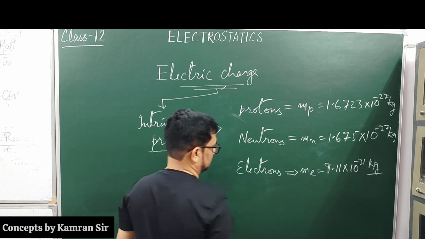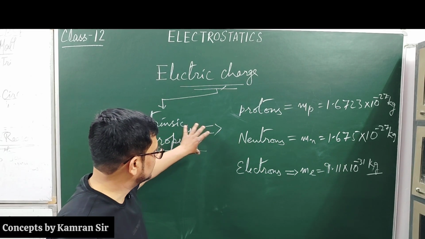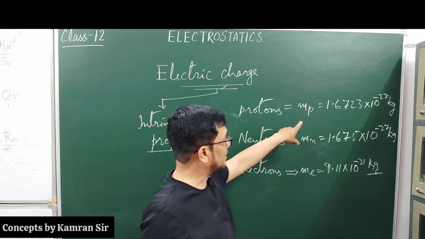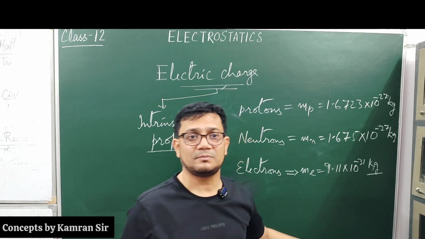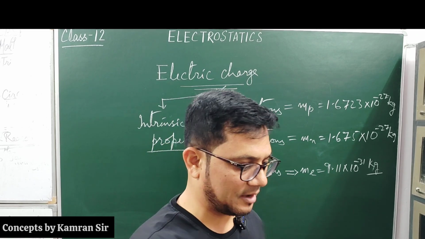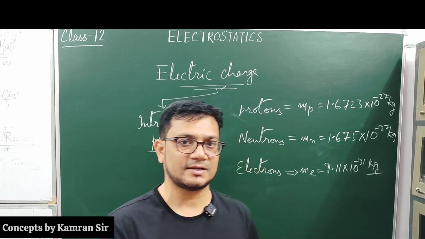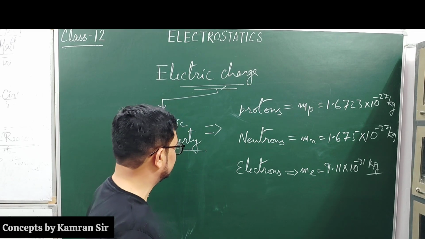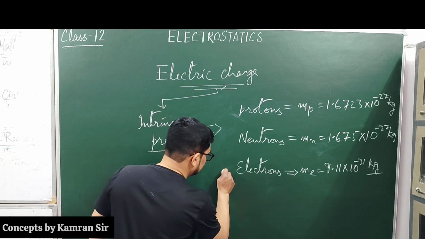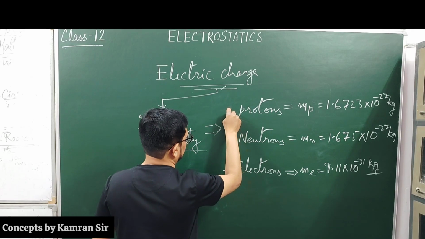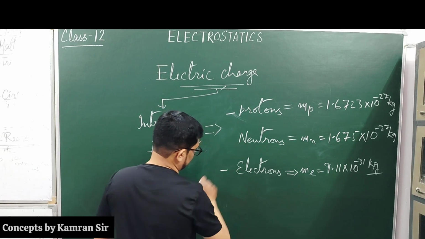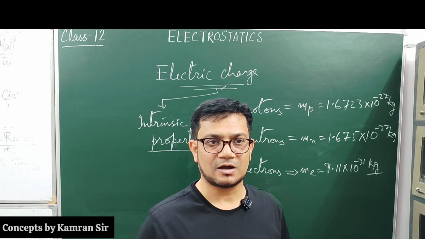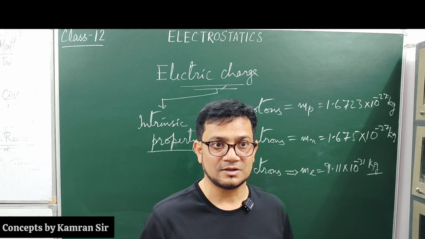So a question comes: if this intrinsic property, which is electric charge, is as fundamental as mass, then why is it not available every time? Why is it not upfront? We need to understand some basics of it. The experiment says that protons and electrons are those particles which have the electric charge.